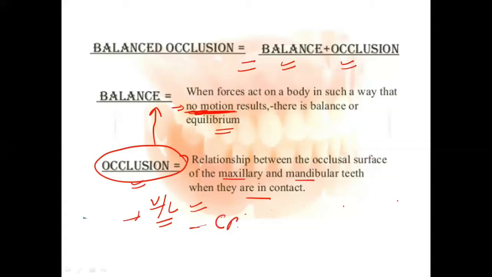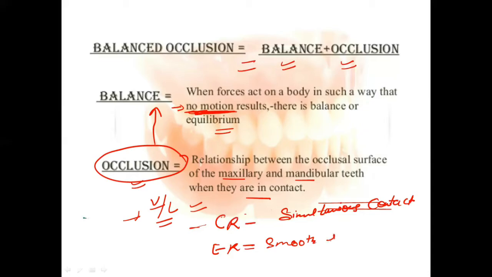In centric relation, there must be simultaneous contact. And in eccentric relation, there must be smooth sliding movement, right?